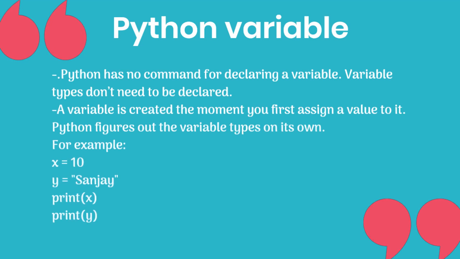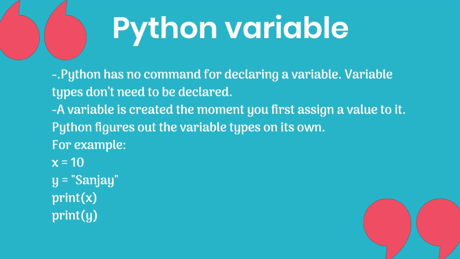Python variables. In other languages like C, C++, Java, we need to declare the variables. Supposing it is an integer, we need to declare it as int, and if it is a string, we need to declare it as str. But Python has no command for declaring variables, so it is very simple. While creating a variable, what matters is the type of value you are assigning to it.